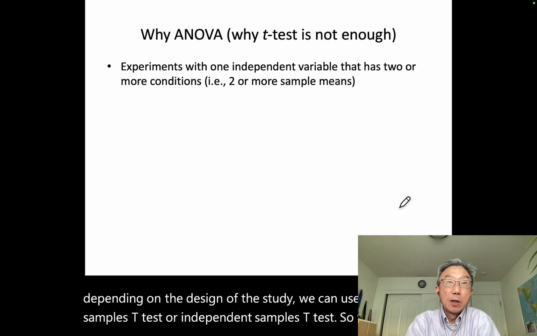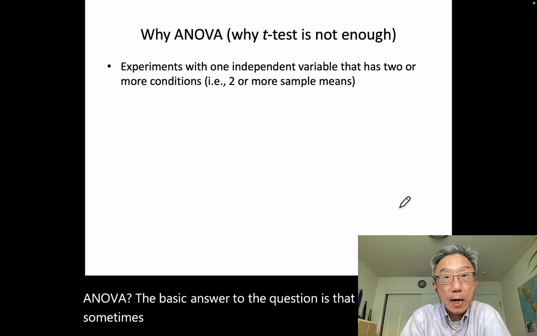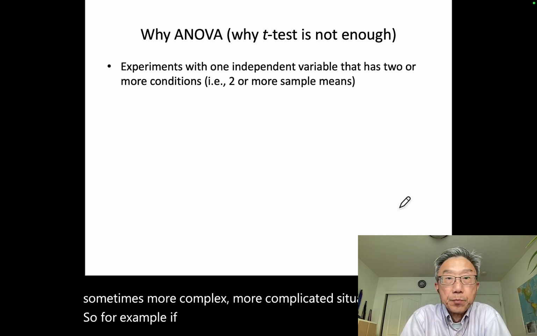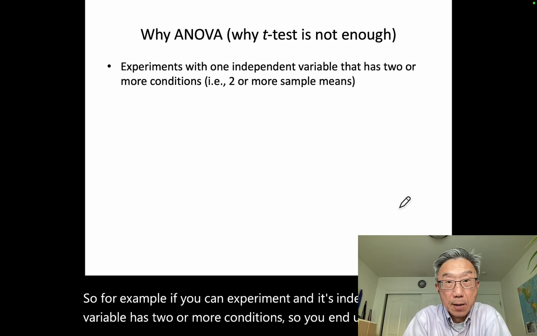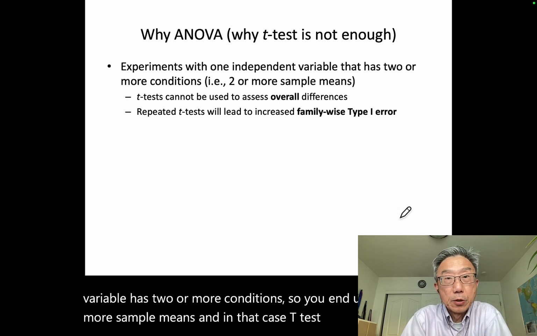The basic answer is that we sometimes have more complicated situations. For example, if you conduct an experiment and the independent variable has two or more conditions, you end up with two or more sample means. In that case, the t-test cannot be used to assess overall differences.